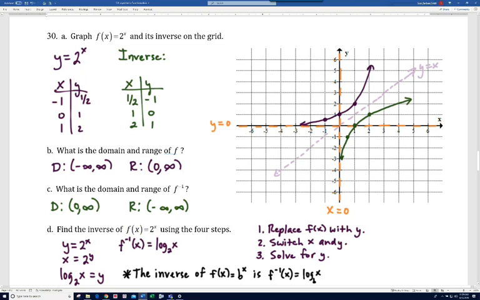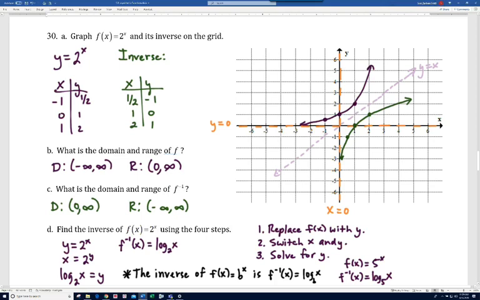These are really simple, at least in the most basic form. If I have f of x equals 5 to the x, then the inverse would be log base 5 of x. So basically I could change the base to be anything, and finding the inverse is quite simple. It looks pretty much the same, it's just a log with the same base.